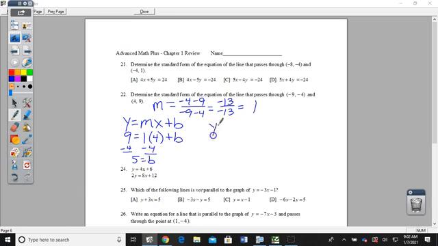So we have y equals x plus 5. What do I need to do with my x? I didn't write the 1 because it's understood. Very good.